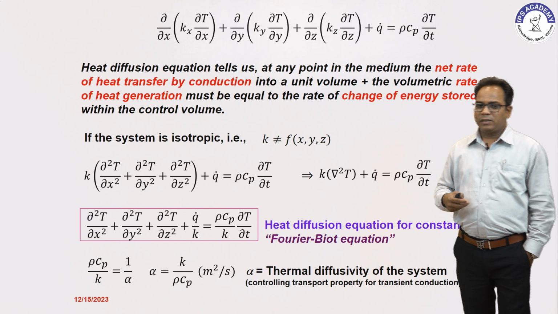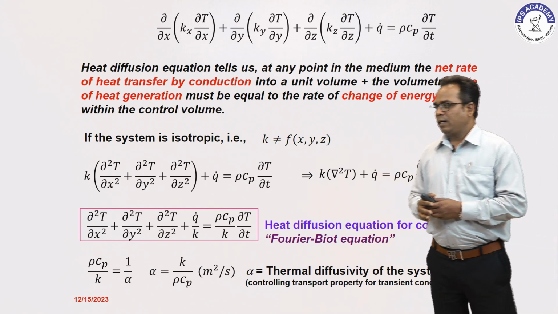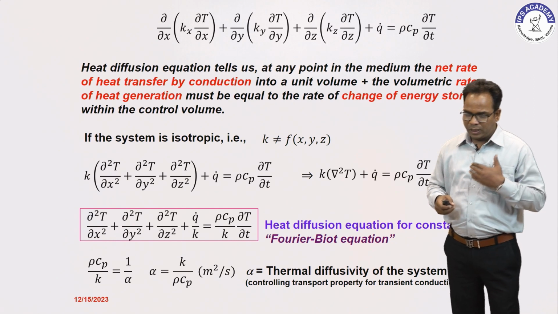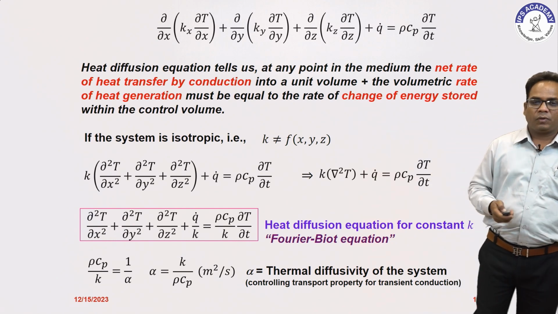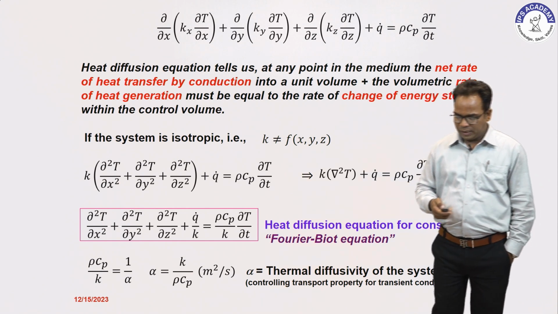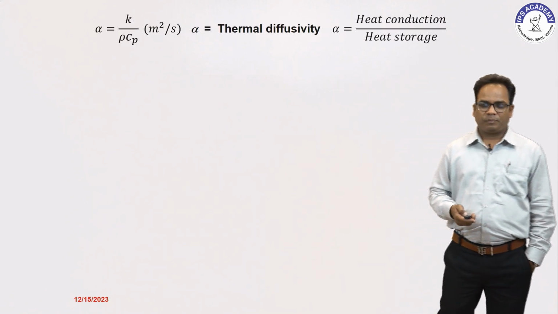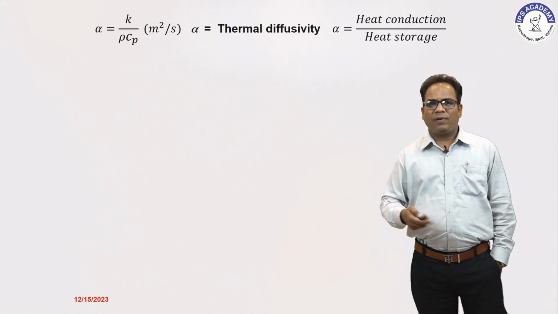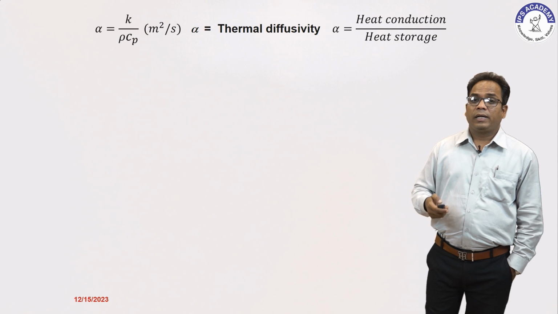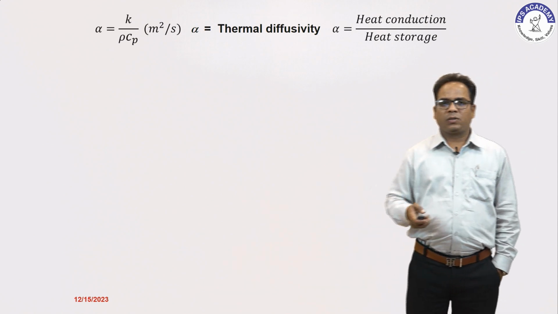It means this thermal diffusivity can control the temperature propagation within the system. And Q by K is the rate of energy generation per unit volume.